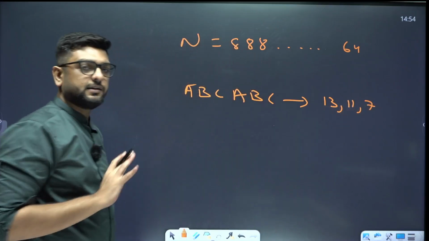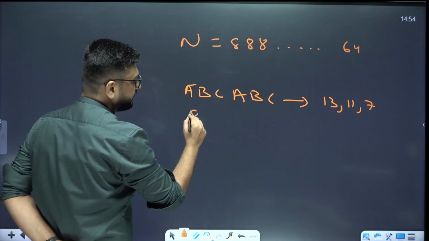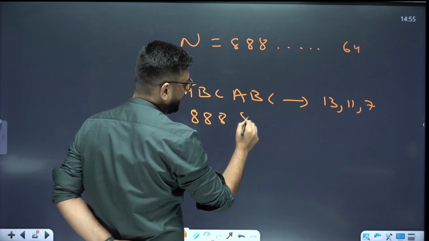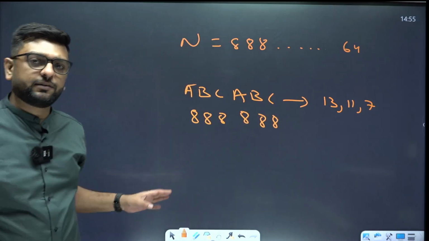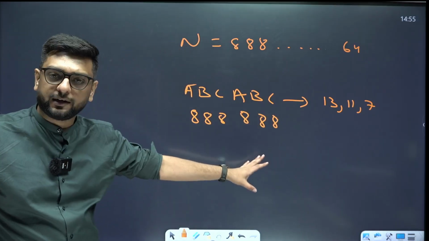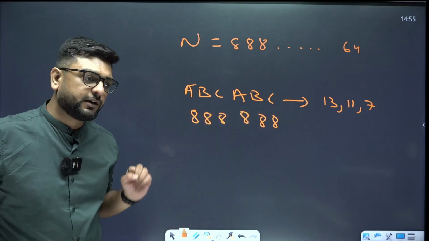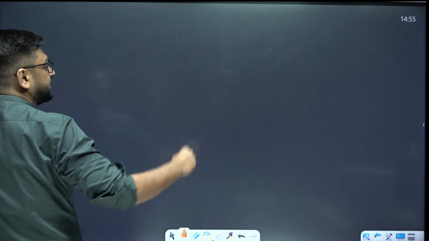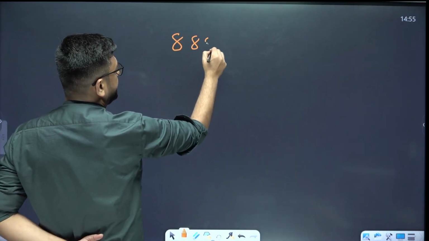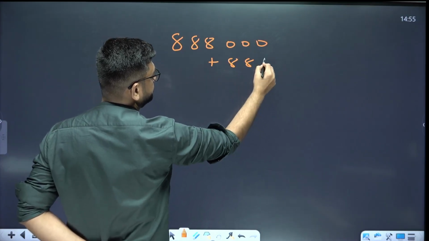Does it make sense that a number of the form 888 888 will be divisible by 13, 11 and 7? It will be divisible by 11, 13 and 7. That's why I did that method. See, I can write 888,000 plus 888. All right.